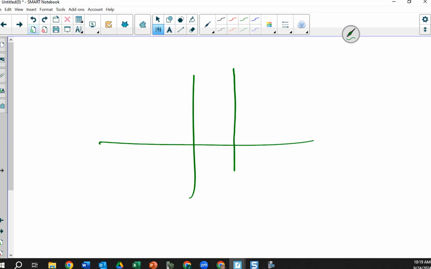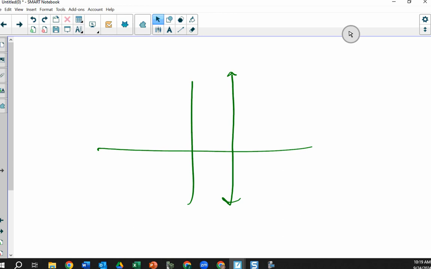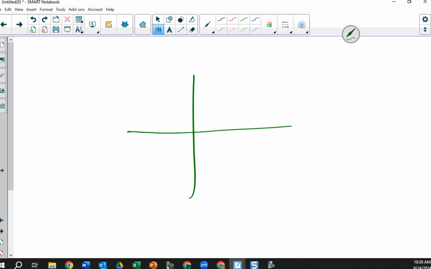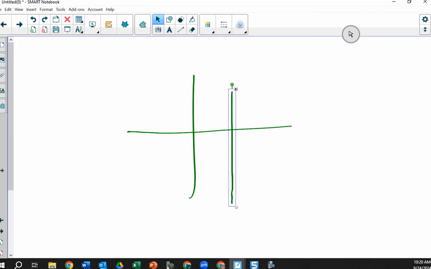Here is a vertical asymptote, right? Pretend that's an asymptote. Think about moving that line up or down. Does that change the location of the asymptote? But if I move it right or left, it definitely changes it, right?